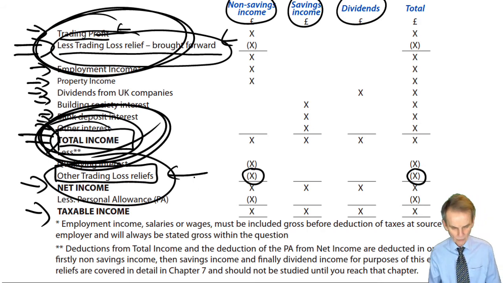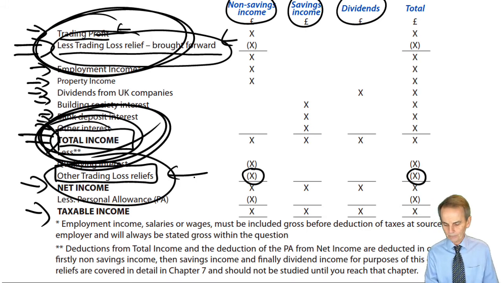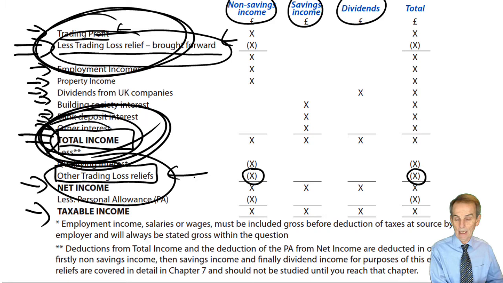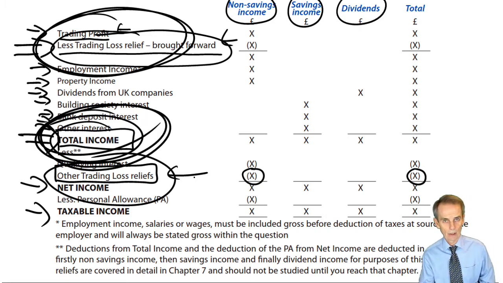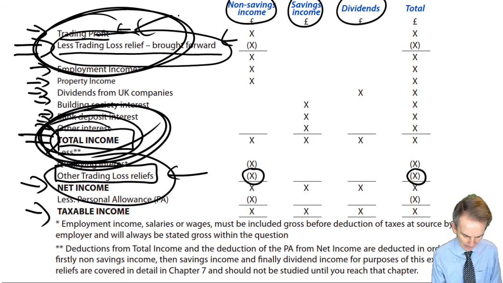This is where the loss relief comes in. Now, what we can see is, in cash flow terms, from a planning perspective, it was a very good idea to be able to carry back a loss to go against the total income of the preceding tax year rather than carry it forward to a future tax year. But if you go forward to a future tax year, it only goes against trading profit there, just one thing.